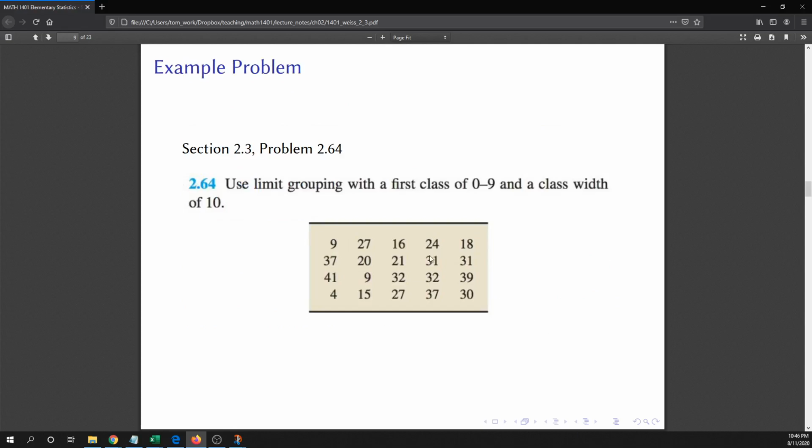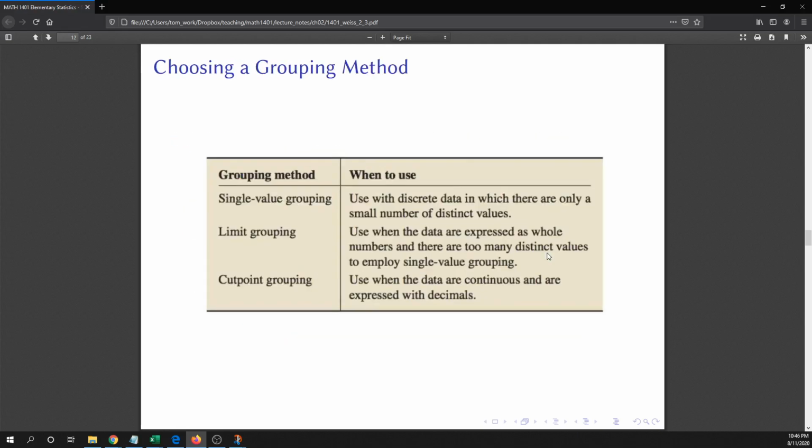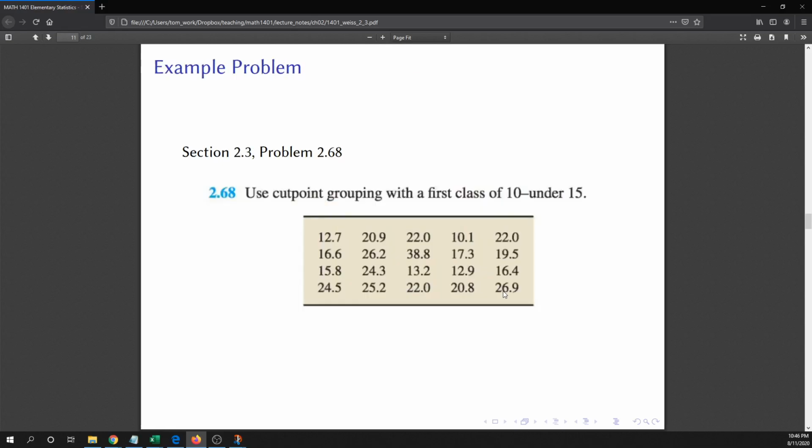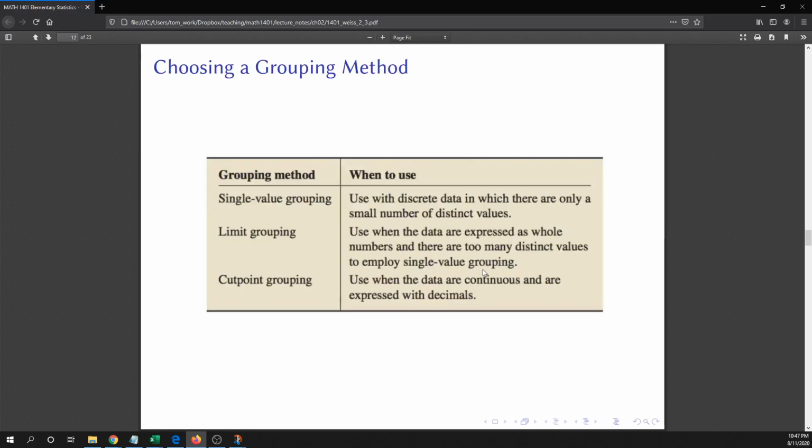But in this one, there's a lot of different numbers, so there's probably too many here to use the single value grouping like we did before. And then the cut point grouping, use this when the data are continuous and expressed with decimals. So like this example right here, cut point grouping is probably your best bet. All right, so that's which method to use in what circumstance.